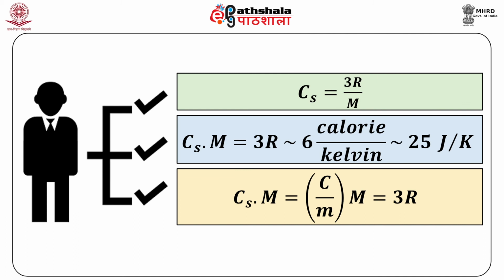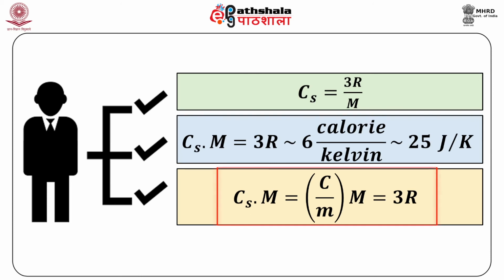Or if we take M to the left hand side, we get equation 2, which is Cs multiplied by M gives us 3R. That is, if we substitute the value of R, which is the universal gas constant, it becomes 6 calories per Kelvin, or in terms of joules, it becomes 25 joules per K. So the left hand side, Cs multiplied by M, is the molar heat capacity of a solid.